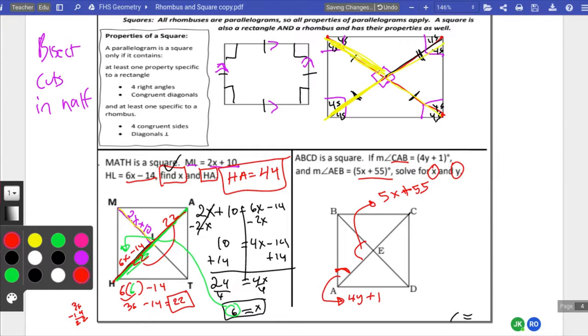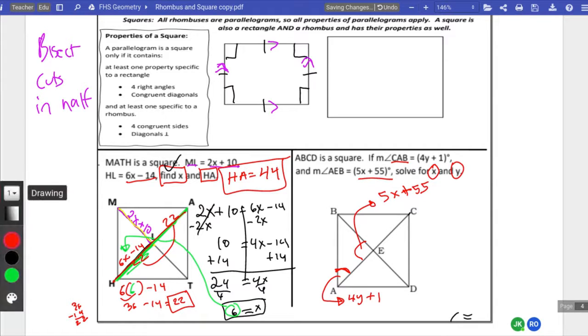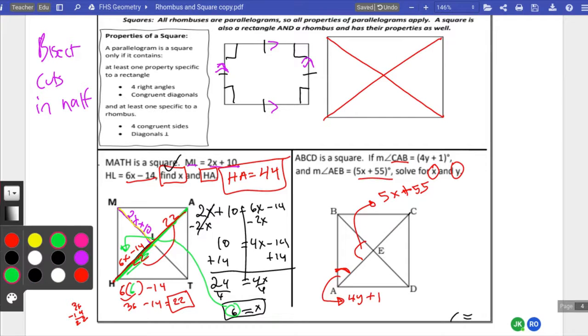All right, let's apply our properties. When we deal with angles, let me just erase because I have a bunch of stuff right here. We know that the diagonals are perpendicular, which means they make right angles inside. So diagonals are perpendicular because they make 90 degrees all around where they intersect.